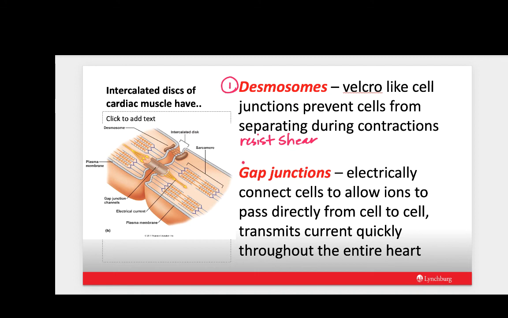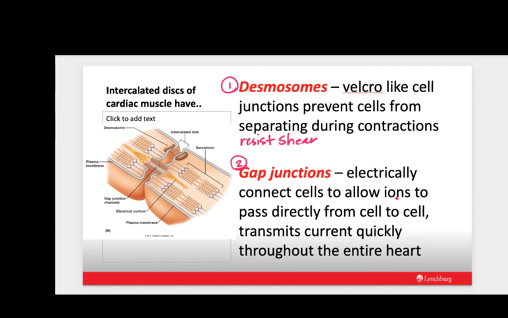The heart is able to contract strongly and not pull the muscle apart. The second type of cell junction present in intercalated discs is gap junctions. This allows the cells, the cardiac myocytes, to communicate very quickly with one another.